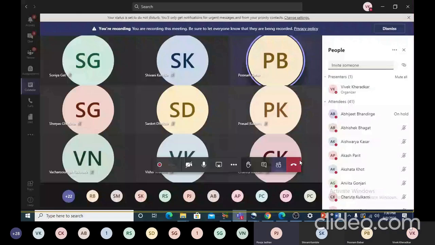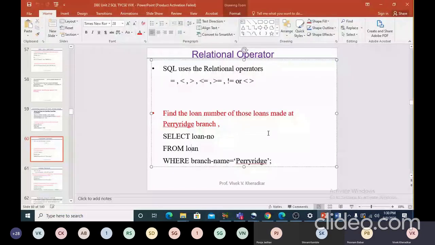Again, I repeat: find all accounts whose balance is greater than 10,000. Select star, exactly. It is required according to the requirement: it is the details of all the accounts. So that's why select star. So what is the final answer? Select star from account where balance greater than 10,000.